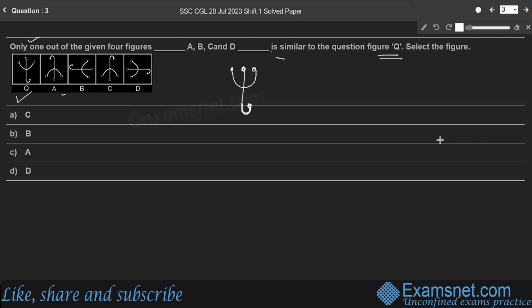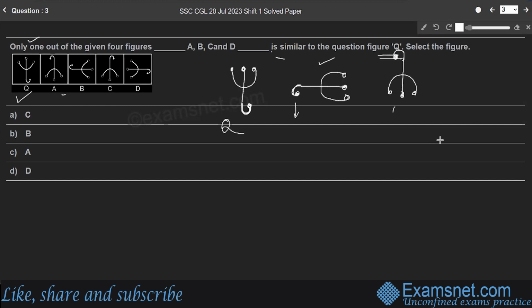So just imagine the figure is rotated through 90 degrees. You will get the figure like this, with the bent portion downwards here. Out of 4 options, you won't get such a figure here. So just imagine the same question figure is rotated through 180 degrees. Then the question figure looks like this.